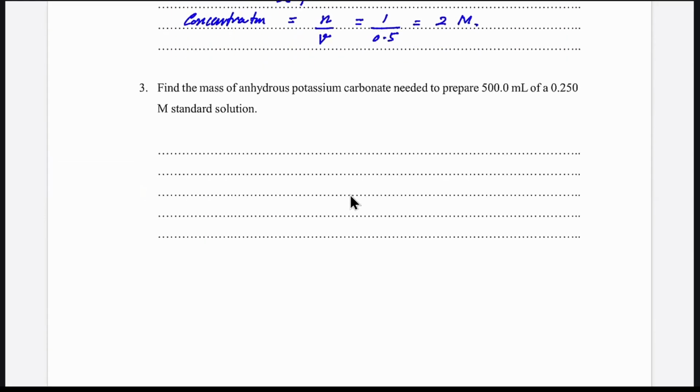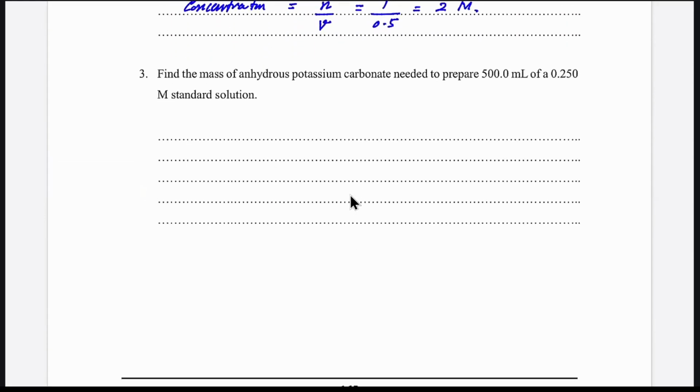Find the mass of anhydrous potassium carbonate needed to prepare 500 ml of this standard solution. How many moles do you have now?